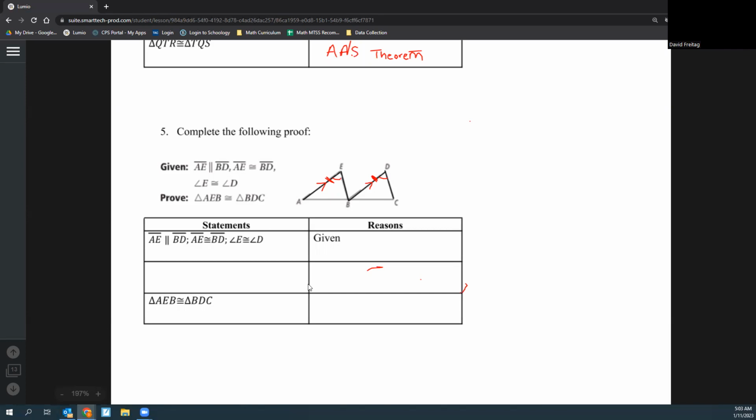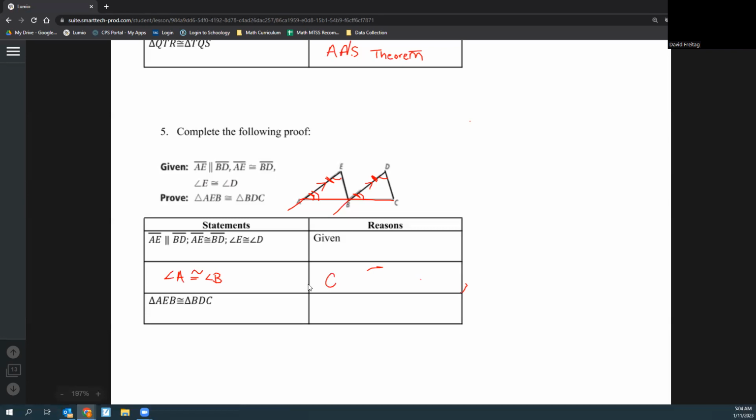These are parallel lines. ABC is a transversal, which means that this angle right here and this angle right here are the same. So I can say that angle A is congruent to angle B because A and B are corresponding angles.